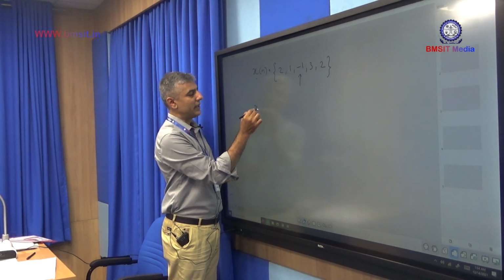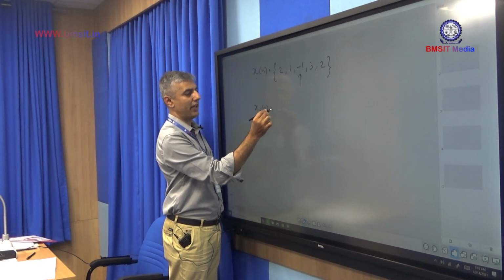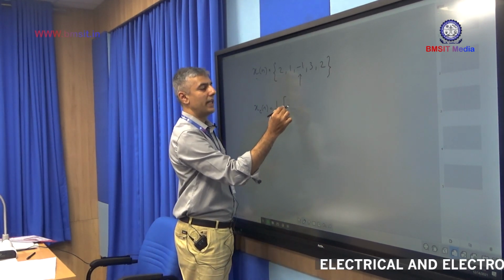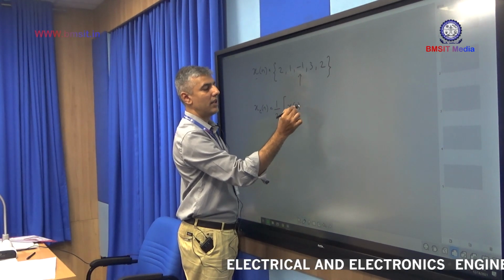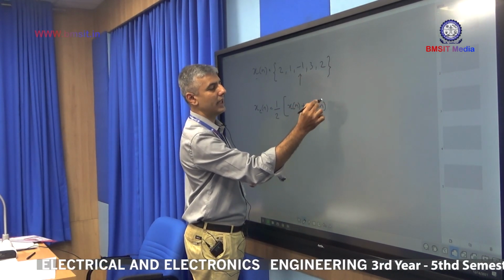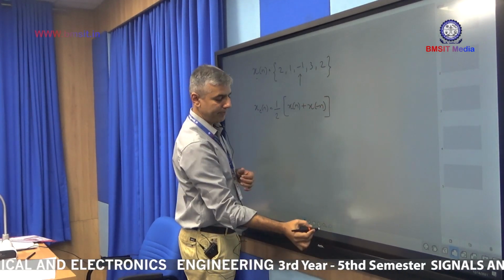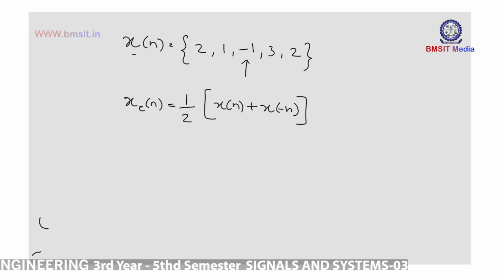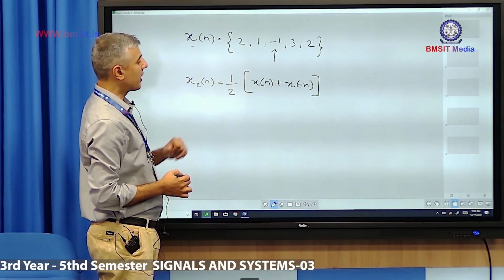Observe that the even part x even of n is given as half into x of n plus x of minus n. This is the formula. As far as x of n is concerned, it's already given.